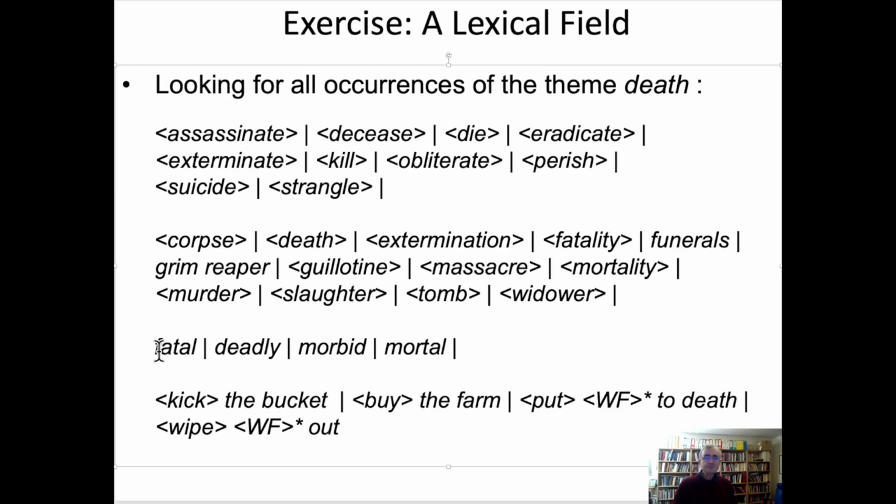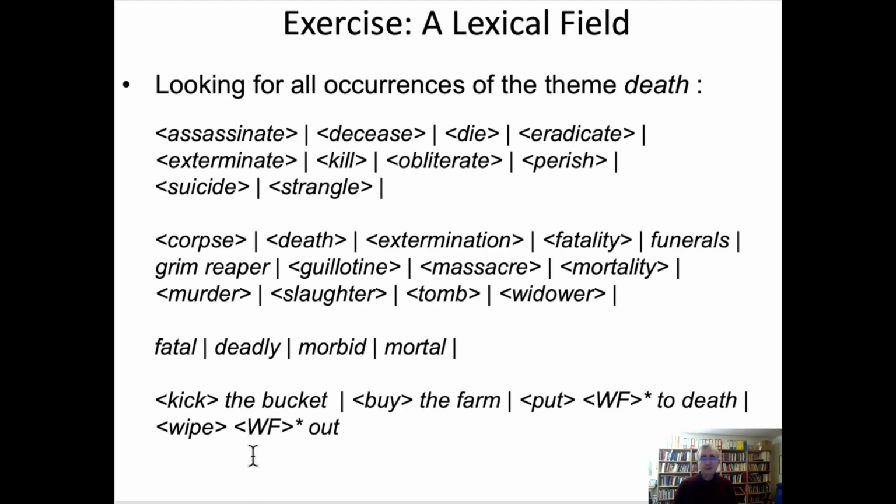Adjectives such as fatal, deadly, morbid, mortal, and also expressions such as kick the bucket, buy the farm, put somebody to death, wipe them out, for example. Remember that WF means any word form.